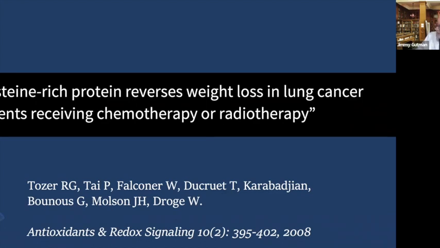Unless you're reading the cancer literature, this was the first study that ever showed a nutritional intervention, not drugs like anabolic steroids, that actually reversed the muscle loss seen in end-stage cancer patients. Good nutrition can slow down the process, but we reversed it.